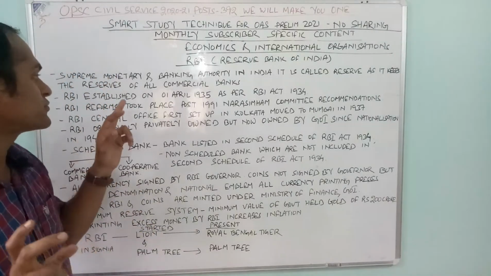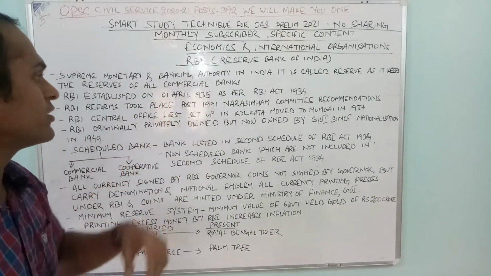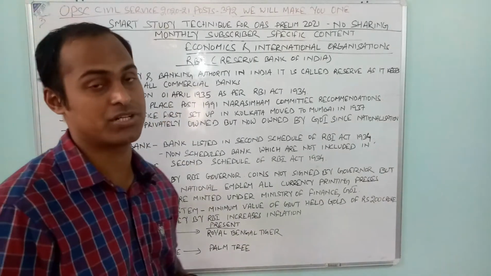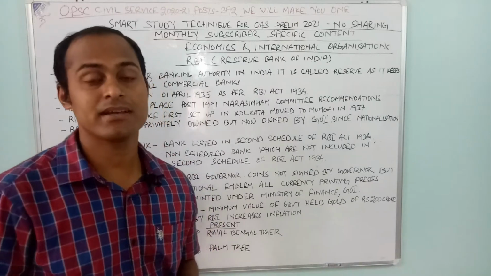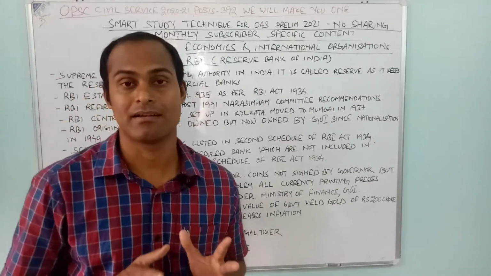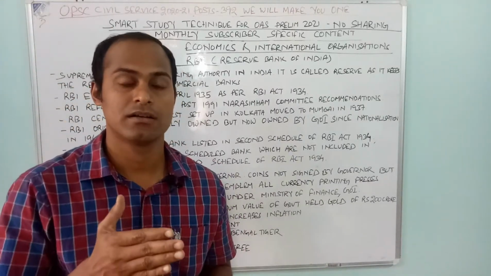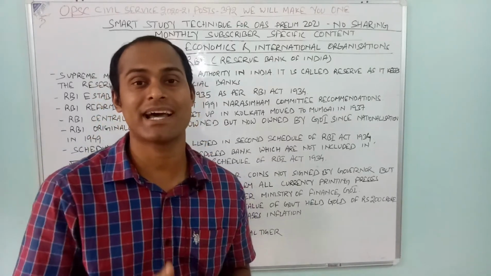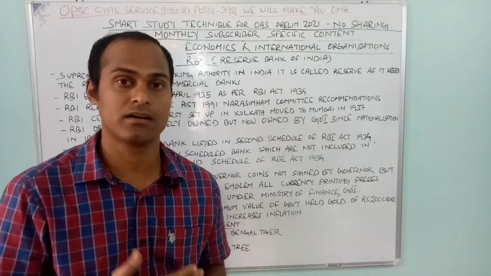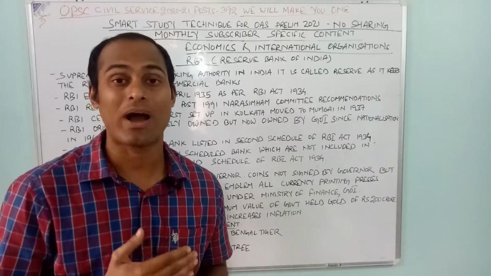Then RBI reforms took place post 1981, following the Narasimham Committee recommendation. What is the Narasimham Committee? It recommended ways to bring down CRR, SLR, the cash reserve ratio. Why?